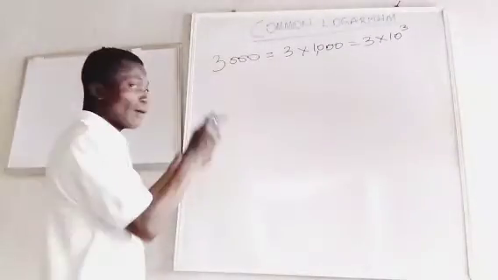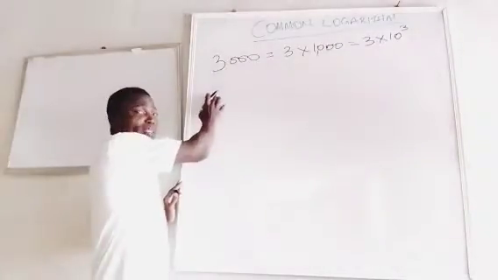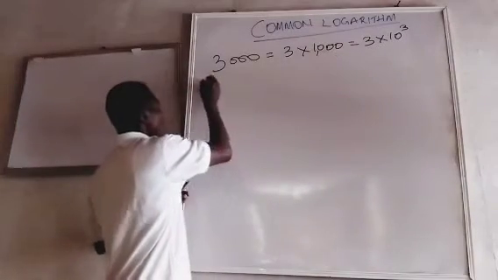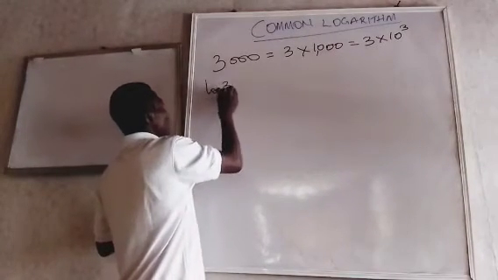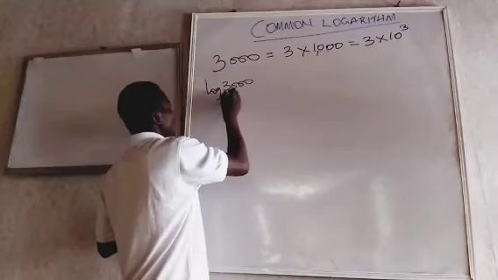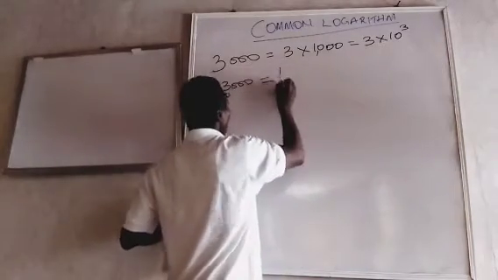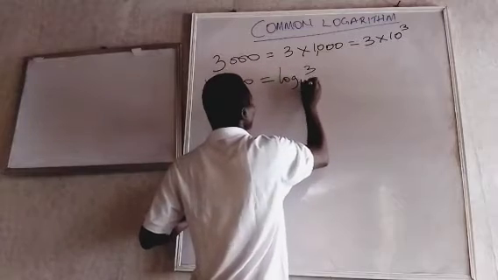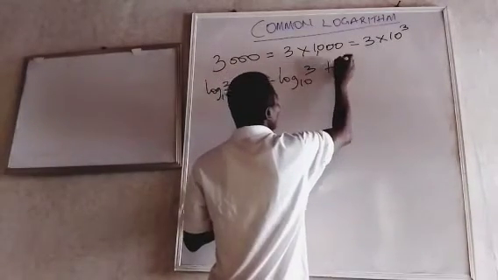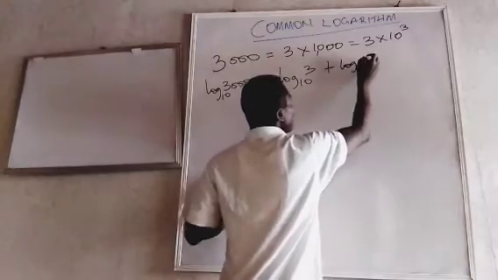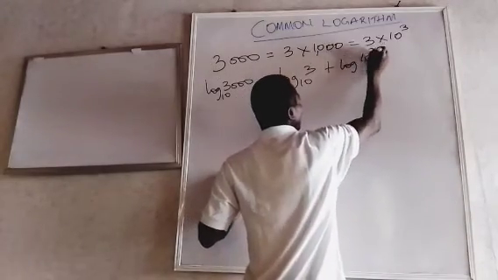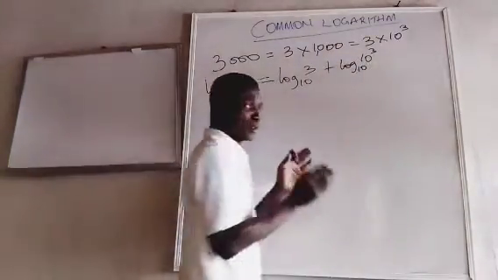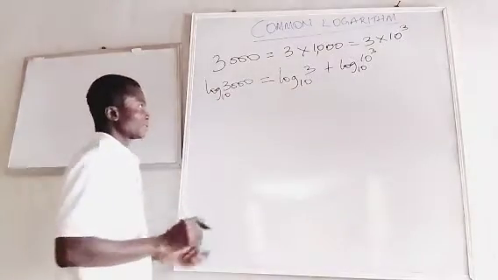Therefore, if I want to express it, I can say log 3,000 to the base of 10 is equal to log 3 to the base of 10 plus log 10 raised to power 3 to the base of 10. Please follow as I'm doing this.